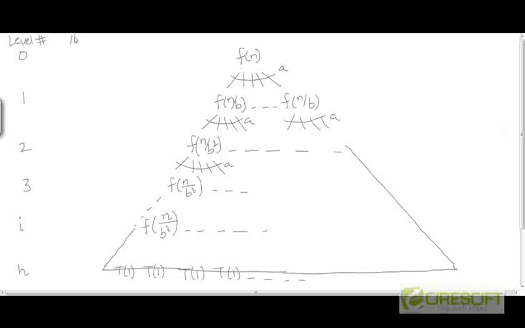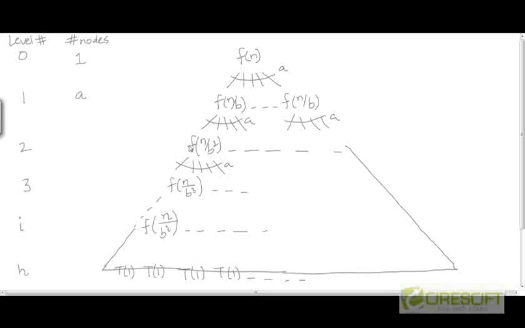What about the number of nodes at each level? At level 0 we have a single node. At level 1 we have A nodes. At level 2 we have A square nodes. Why? Because each of these A nodes has A children. So these are the A children of f of n. Each of these A nodes is in turn going to have A children.